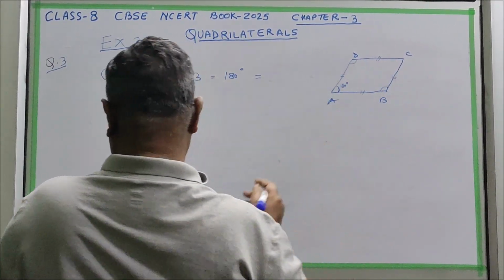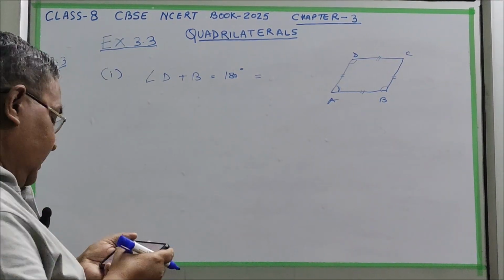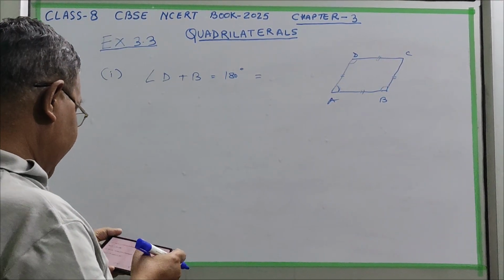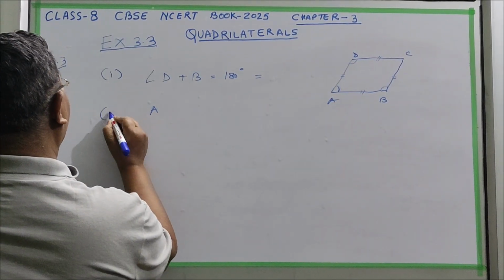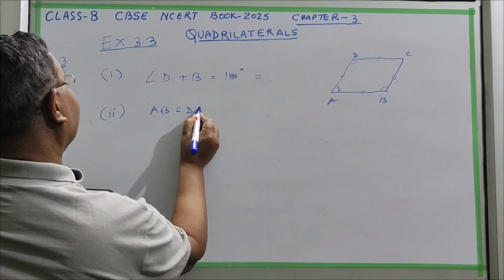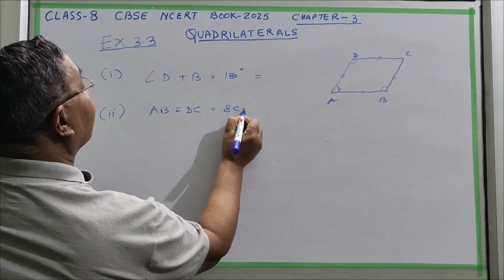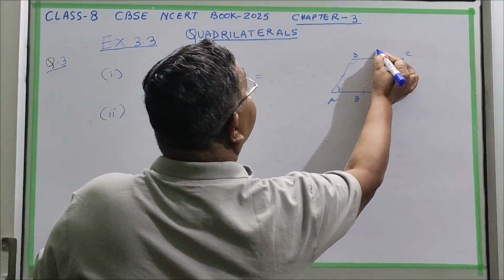Okay. Now the question, its second part: AB equal to DC equal to 8 centimeter. So AB is 8 centimeter and DC is 8 centimeter.